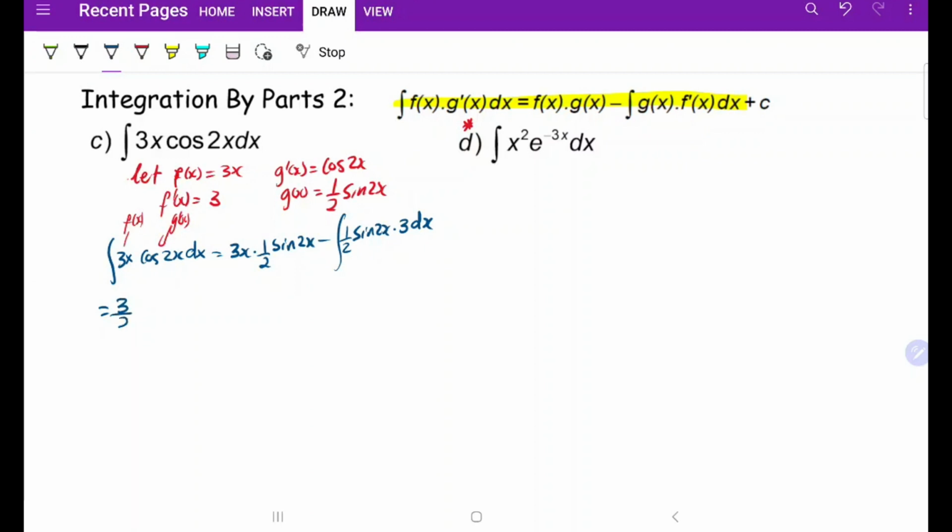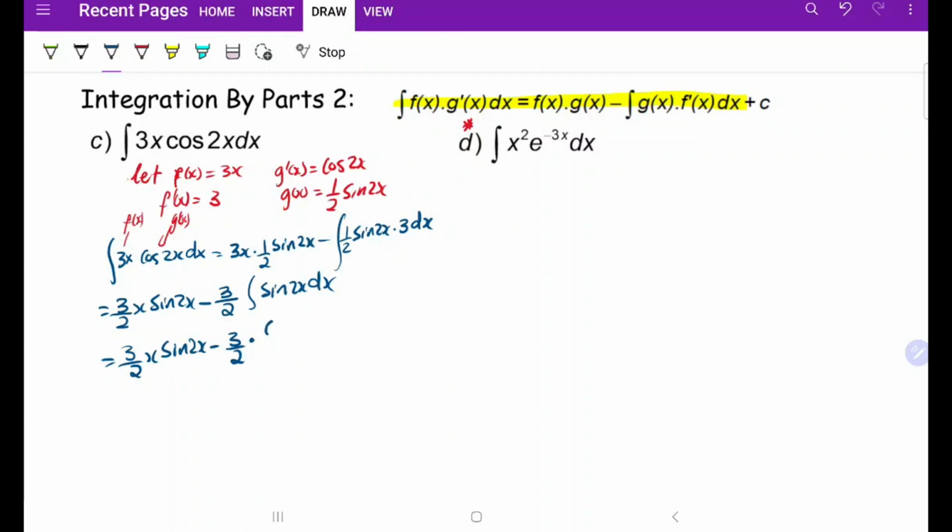So now I'll continue the problem here. This becomes 3 over 2 x sine of 2x, minus the integral of that. So this is the same as going minus 3 over 2, and then we have to integrate the sine of 2x. Once we're at this stage, you should be comfortable with this particular question, because you are now well versed and know what the integral of that is.